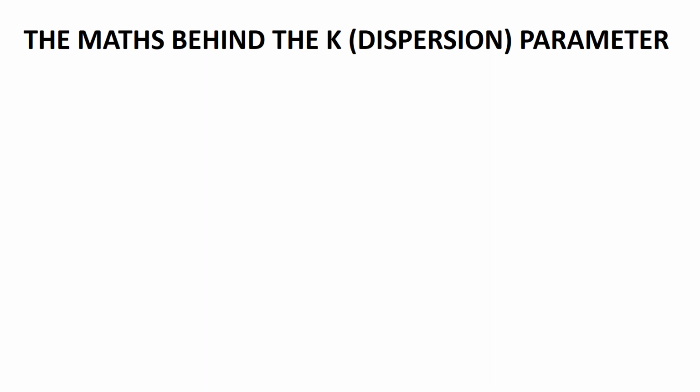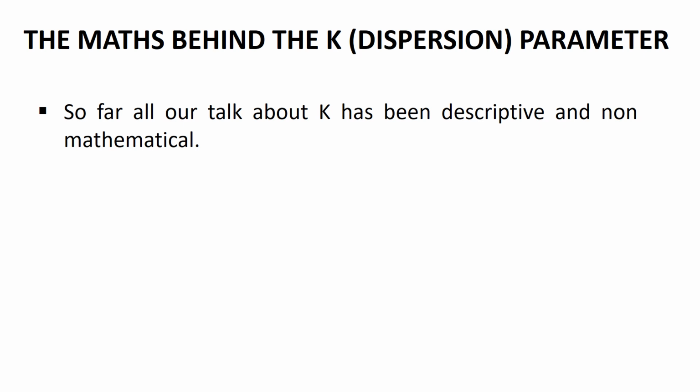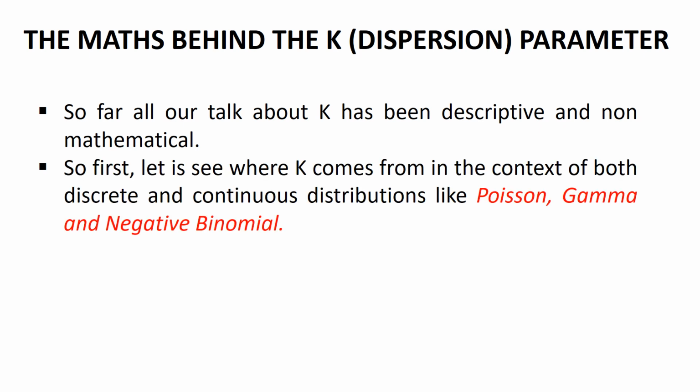So we now need to look at the maths behind the K dispersion parameter. So far, it's all been descriptive and not mathematical. Some of you may turn off, but actually this is the most interesting part. In order to see where K comes from and how we estimate it, we need to look at both discrete and continuous distributions like Poisson, gamma, and the negative binomial.